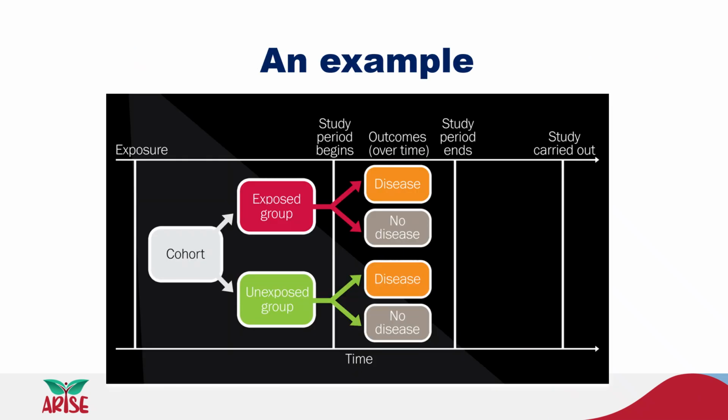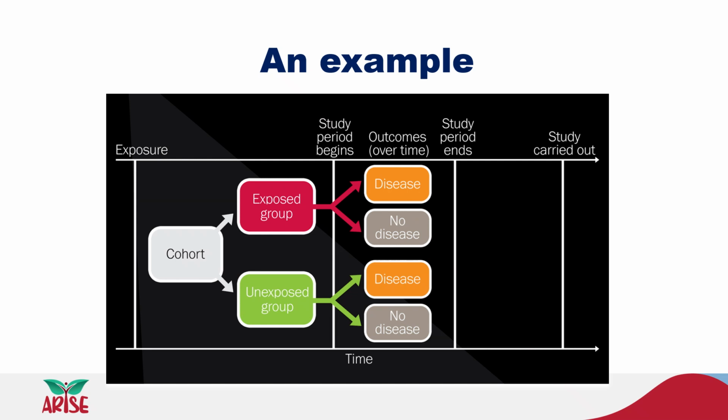Let's use an example. We see high levels of depression in pregnant women in Zimbabwe. So we want to use a cohort study to find out what the risk factors are. So we start with a group of women who have just found out that they're pregnant. We use a screening tool to assess for depression and only include those who do not screen positive in our cohort study.